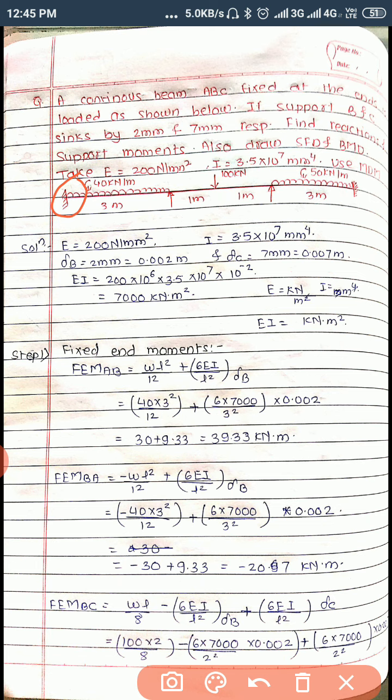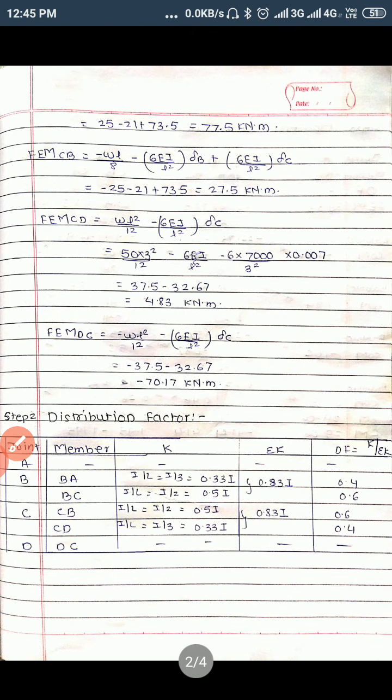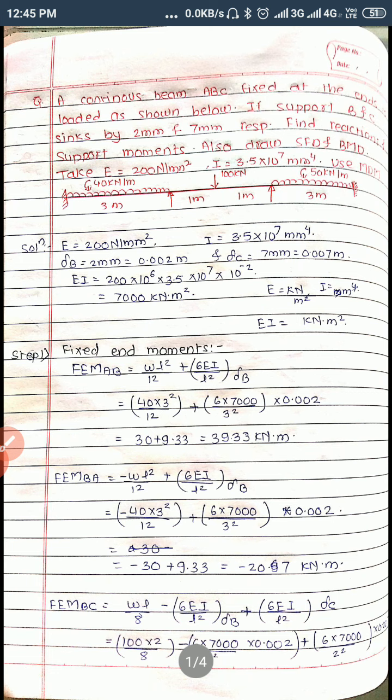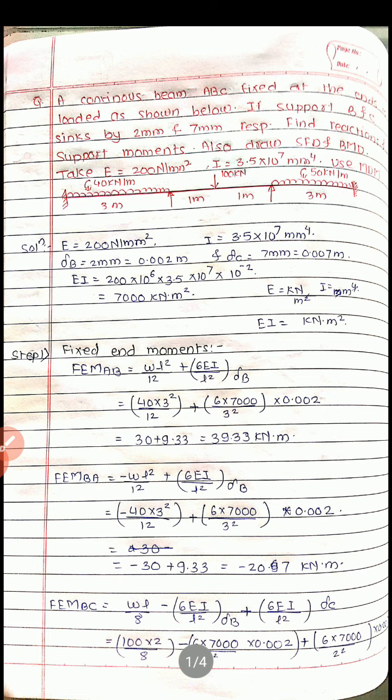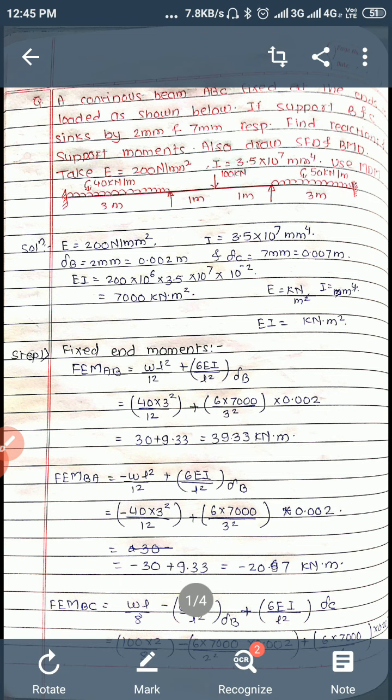Moving from A to B, the far end B is intermediate, so we take the relative stiffness as I/L. Similarly moving from B to C, C is also intermediate, so I/L. Moving from D to C, C is also intermediate, so I/L. And the end supports are fixed, so the relative stiffness is I/L.